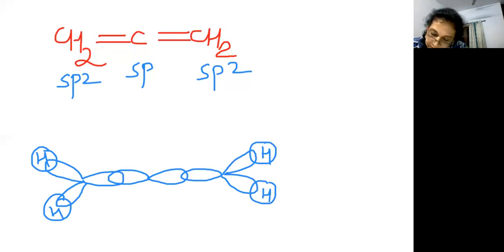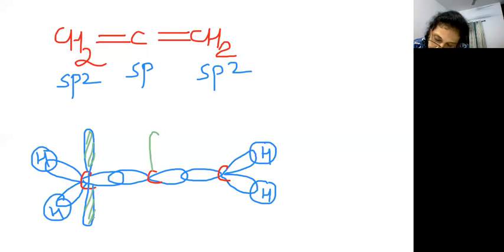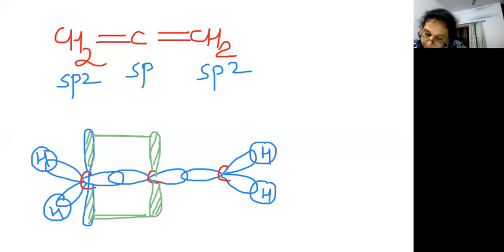So this is carbon, and this is carbon. And if you see, we need to put unhybridized p orbitals. So this is an unhybridized p orbital on carbon. Similarly, there is an unhybridized p orbital on the center carbon. So that I have made. These two will overlap, so that makes the pi bond.